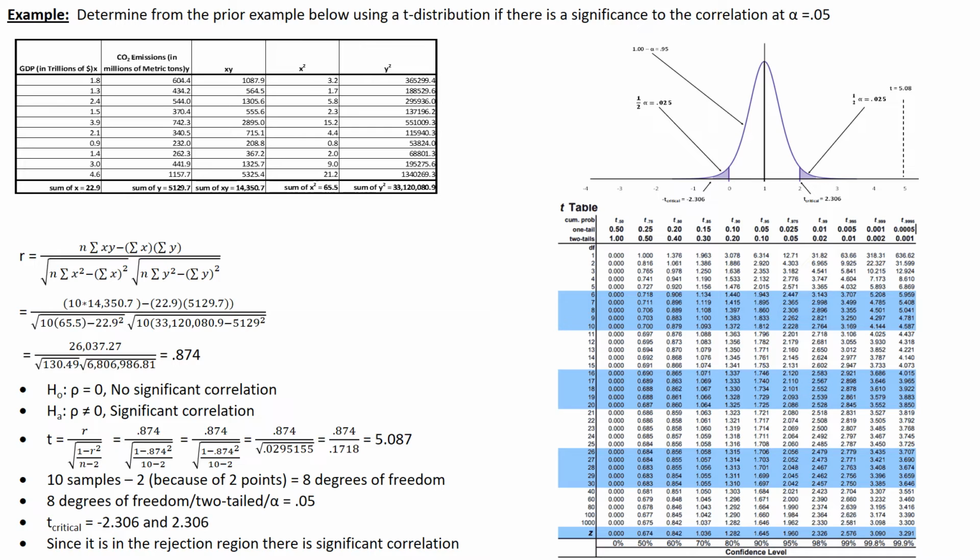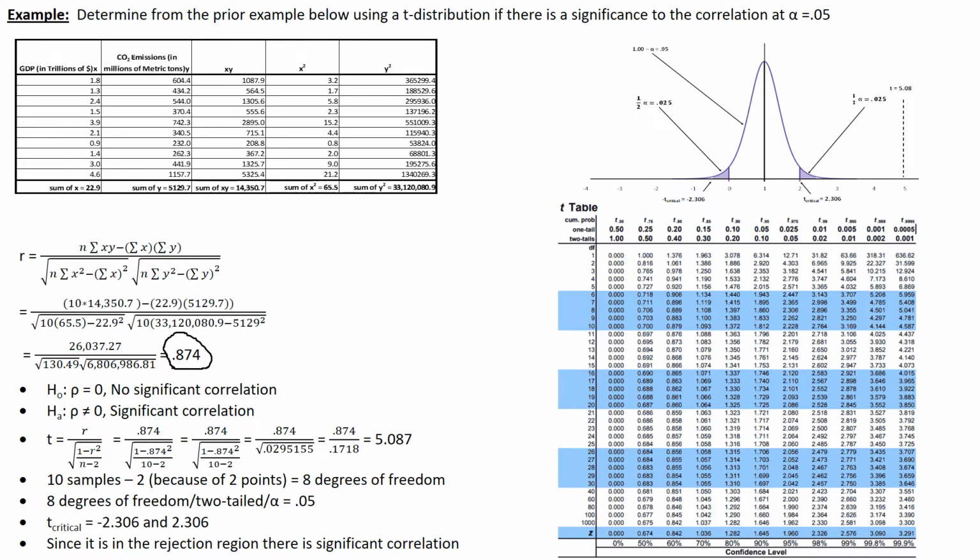So what I've got here is we're looking at the GDP of 10 countries in relationship to their millions of metric tons of CO2 emitted. And if you remember, when we calculated all this, we got our correlation of 0.874.